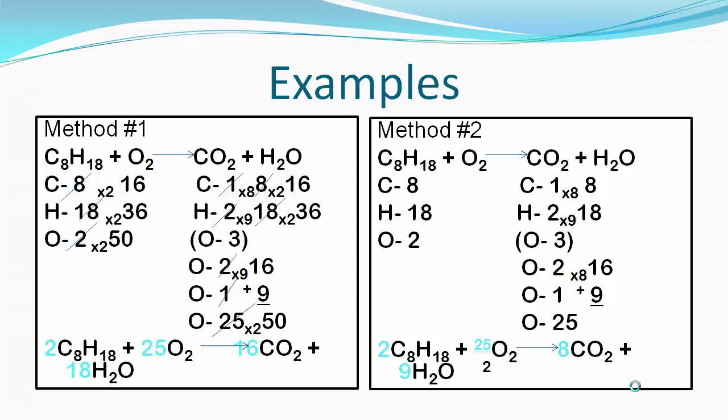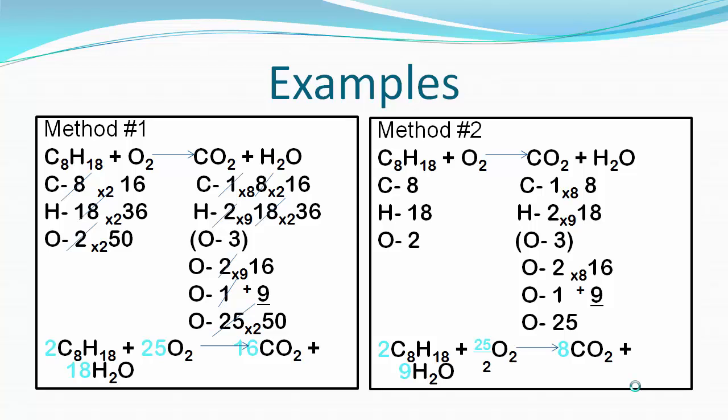Now, let's start with the carbon because it's first. What times 1 equals 8? 1 times 8 equals 8. So now I times the CO2 by 8, which also affects my O. 2 times 8 is 16. I separate the O's to make it easier. So now I have 16.